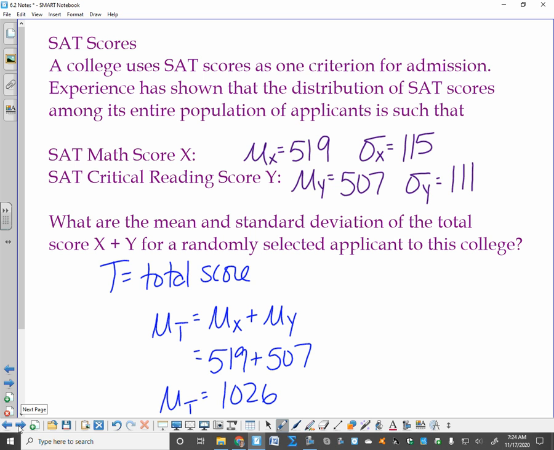All right, let's talk SAT scores. A college uses SAT scores as one criterion for admission.